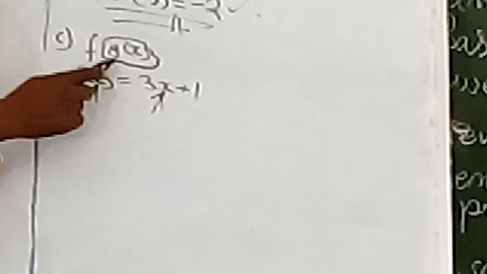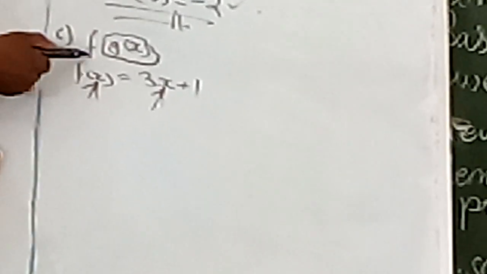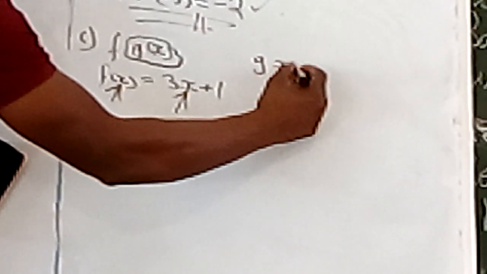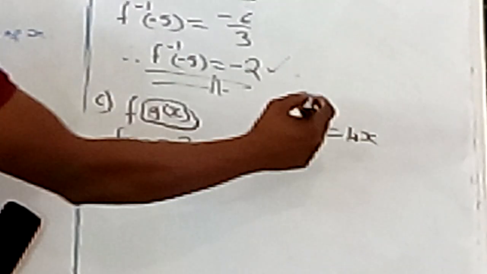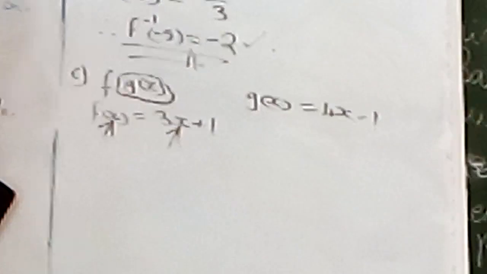So the question is saying fg of x. The fact that the f function is stated first, we're going to write the f function, and wherever we've got x, we'll put the g function. Now we also know that the g function here is actually 4x minus 1. This is the g function here.